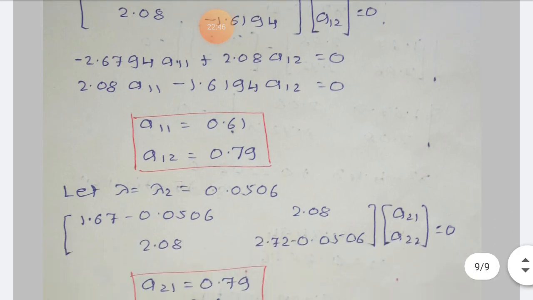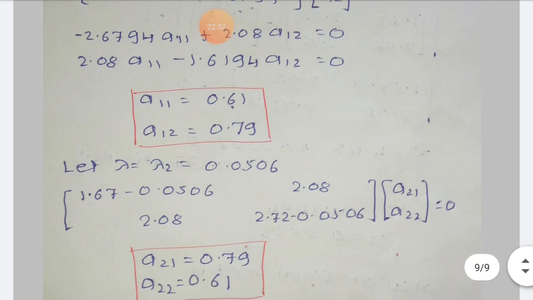Now use the other lambda, that is lambda 2, and put it into the equation to find the values for A21 and A22. After putting lambda 2 in the equation, I am getting 1.67 minus 0.0506, 2.08, 2.08, 2.72 minus 0.0506, multiplied with A21 and A22 equal to 0.